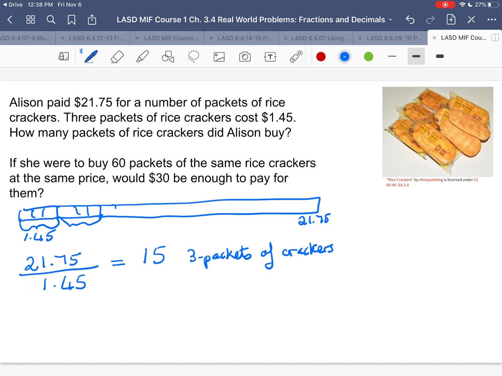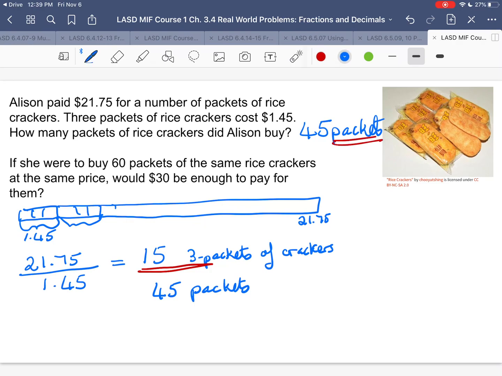So 15 3 packets is actually 45 packets. So it's important to label your work as you go. I could have just said 15 packets here and missed out on the fact that it's 3 packs. So 15 3-packs means that she got 45 packets. And I'm writing my units, 45 packets.